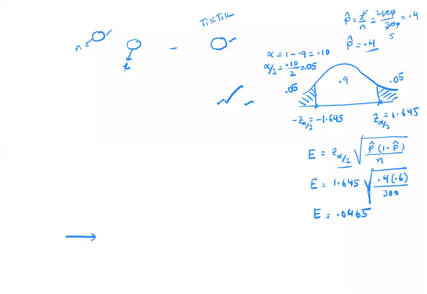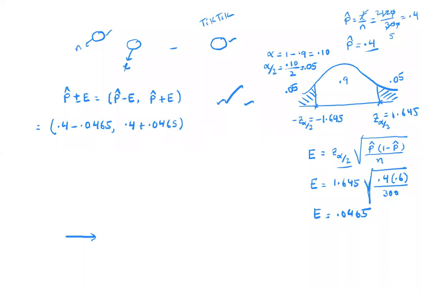So I found my E. So my confidence interval is going to be p hat plus or minus E, which is p hat minus E, comma, p hat plus E, where p hat is 0.4, right? 0.4 minus 0.0465, comma, 0.4 plus 0.0465.